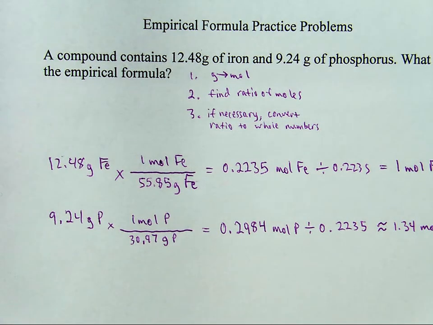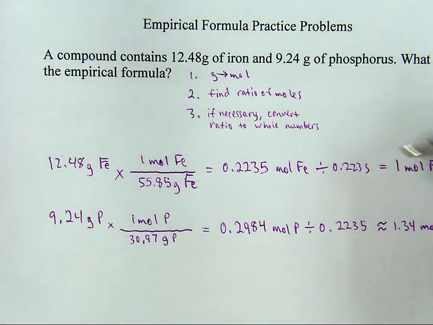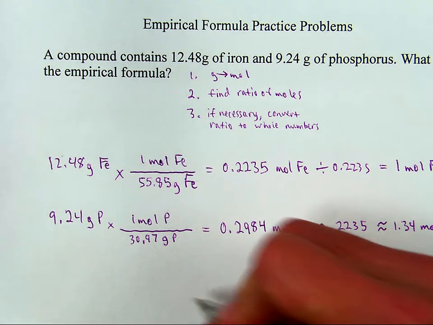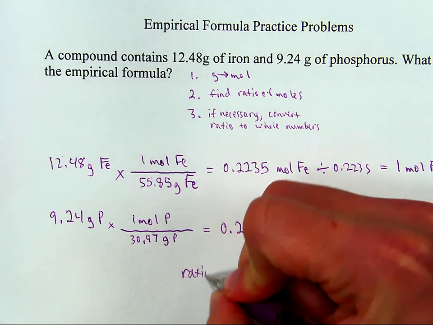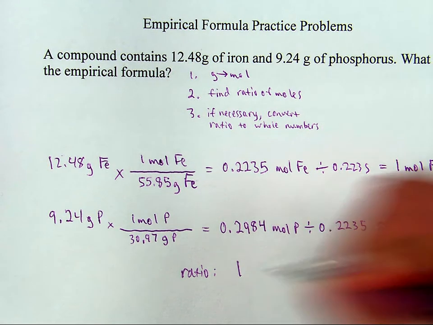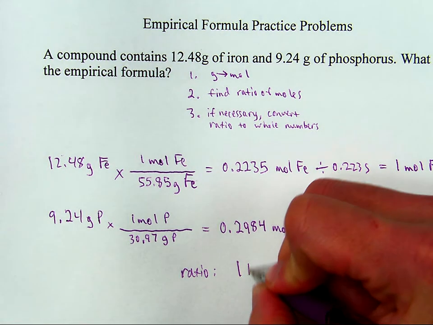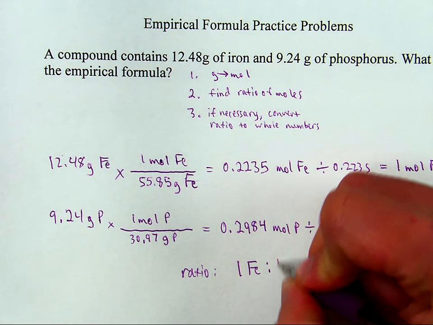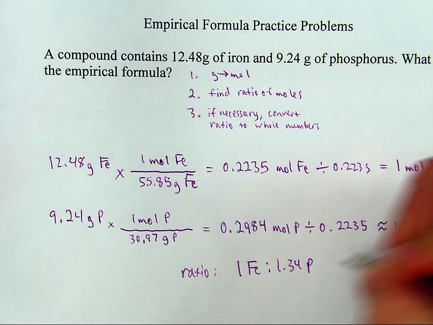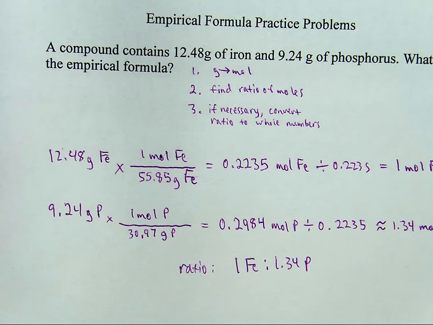Okay? So this is the ratio of moles. What we have currently is a ratio of 1 iron to every 1.34 phosphorus.